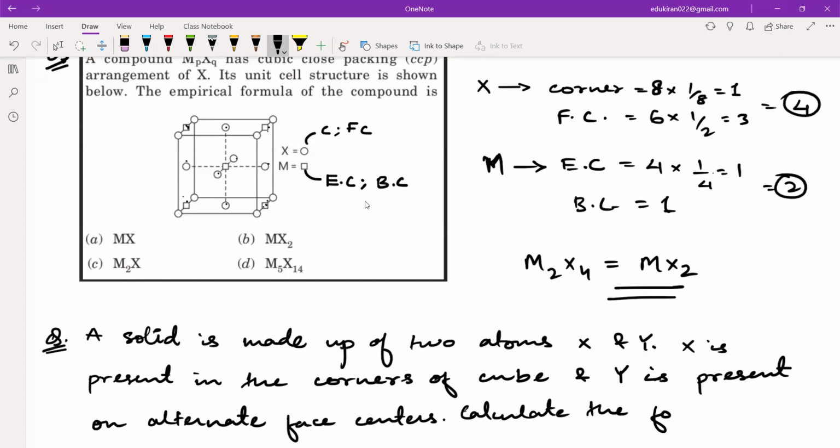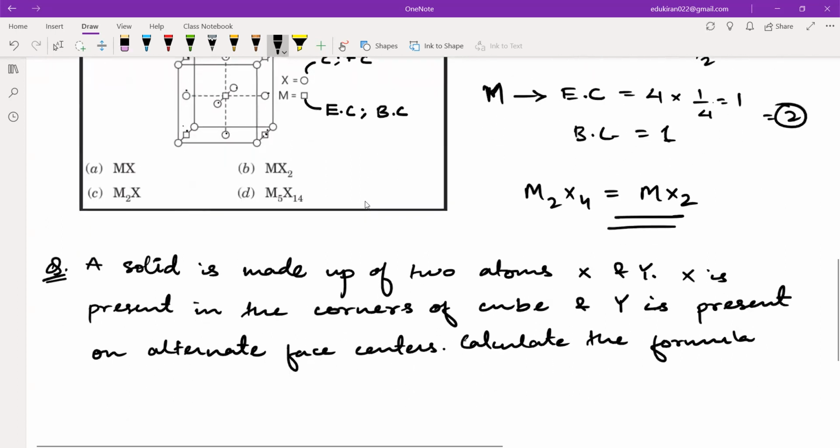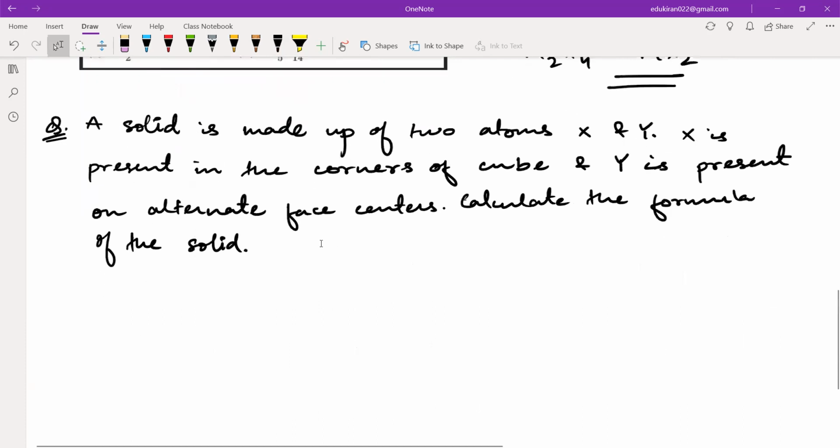Calculate the formula of the solid. So write this question, then we will discuss this question. Okay.